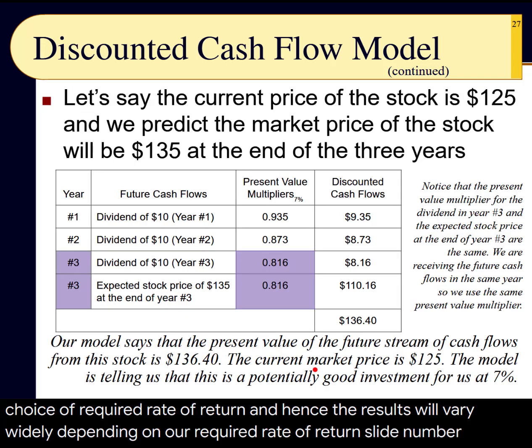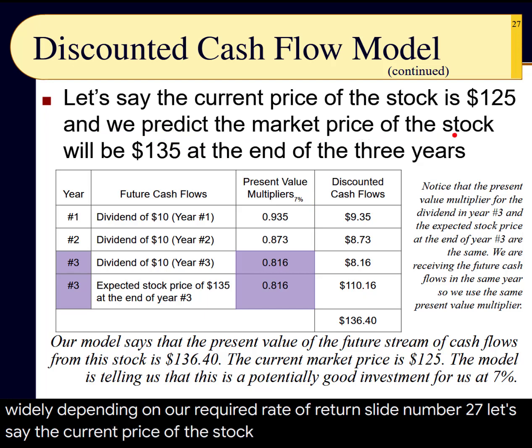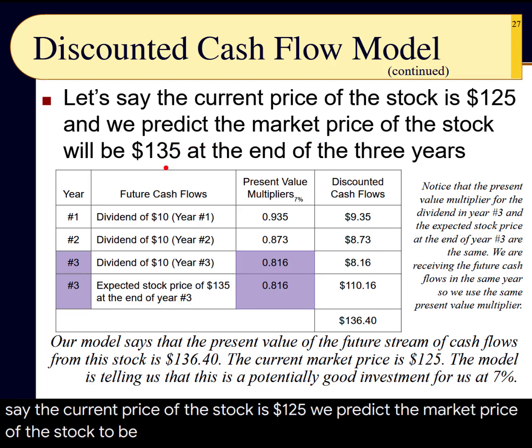Slide number 27. Let's say the current price of the stock is $125. We predict the market price of the stock to be $135 at the end of the 3 years.